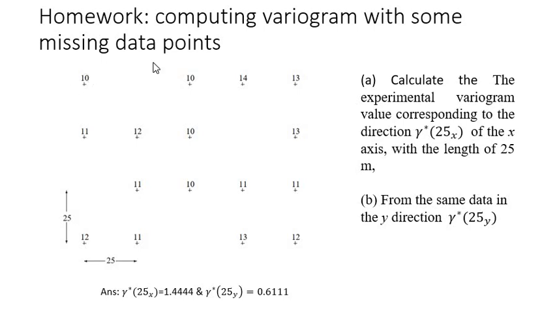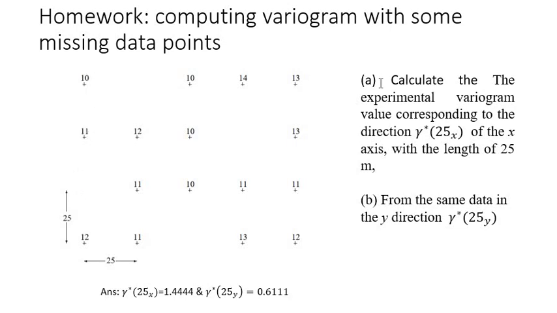Right. So as your homework, I would like you to look at this question. So you have got different points, unlike in the question that we saw in this example. This one has got a variogram along the x-axis and the variogram along the y-axis.